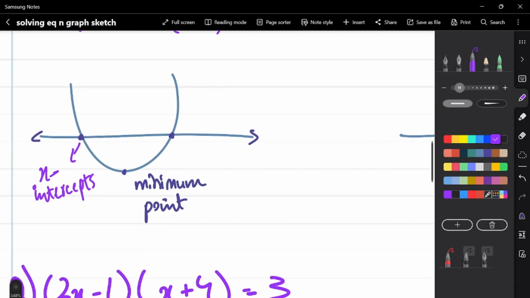So these are the x-intercepts, and this is the minimum point, and there are 2 sides to the minimum point. The minimum point basically determines the line of symmetry over here. This is the line of symmetry. So when we fold the curve exactly into half, we're going to get equal halves.